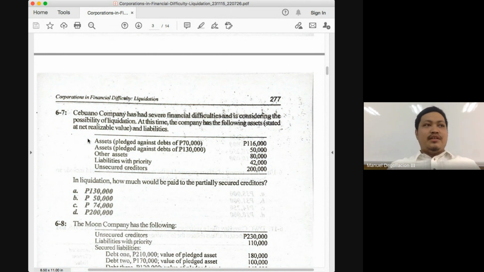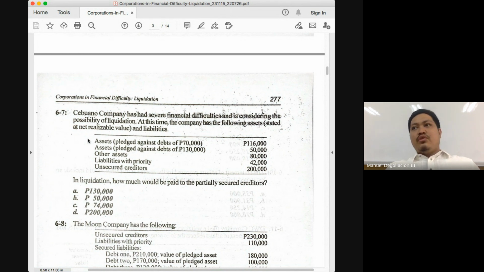So if you will be asked, what then is the classification of this 70,000 liability? This is fully secured, because the amount of the liability is only 70,000, and the amount of the security is more than 70, which is 116,000. But again, many students would find it difficult to see where the secured liabilities are, because the amounts given here, the 116 and the 50, pertain to assets.